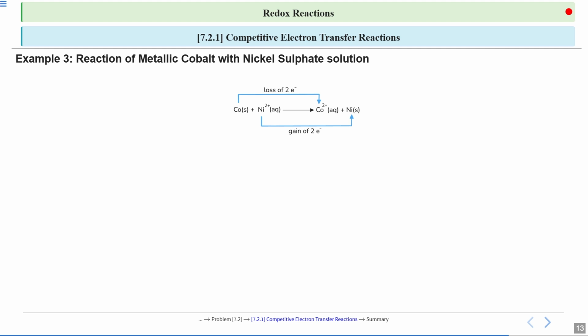From examples 1 and 2, we concluded about the activity as we knew about their colors. But now, if we consider the reaction between metallic cobalt and nickel sulfate, we do not know any color about the solutions. But if we look into the chemical reaction, it can easily be found that cobalt has lost the electrons while nickel has gained them.